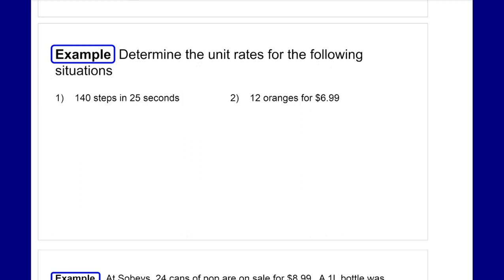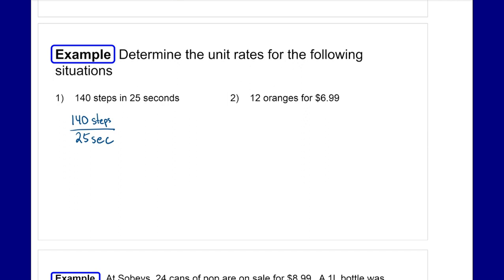So let's set it up as 140 steps divided by 25 seconds.